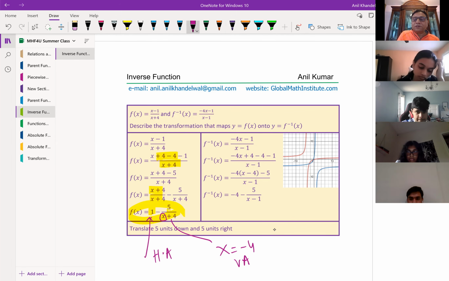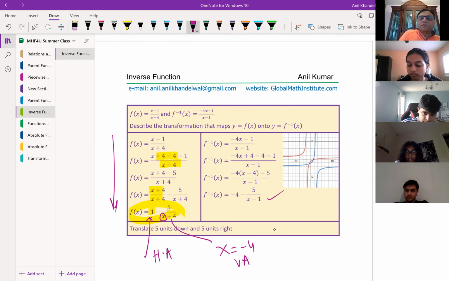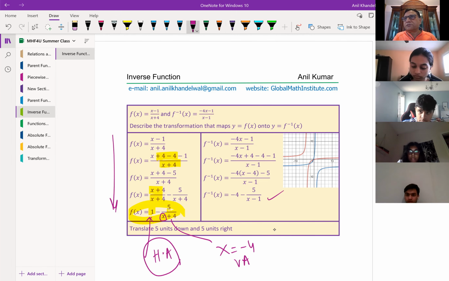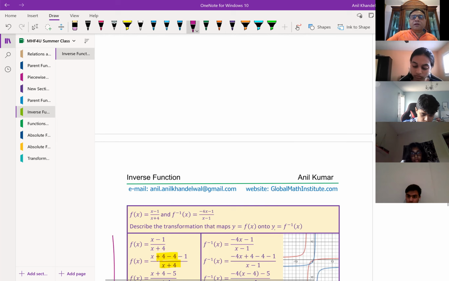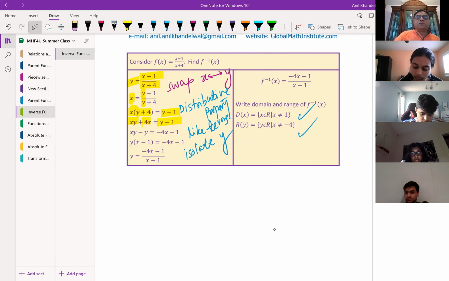And you do the reverse operations, you will get that slightly more complicated. So we'll not go into this. But anyway, learn this technique to find the horizontal asymptote or to work with rational functions. And then you have to adopt this technique to find the inverse for a rational function.